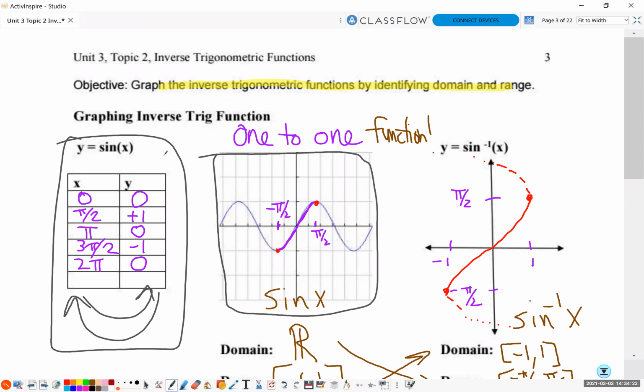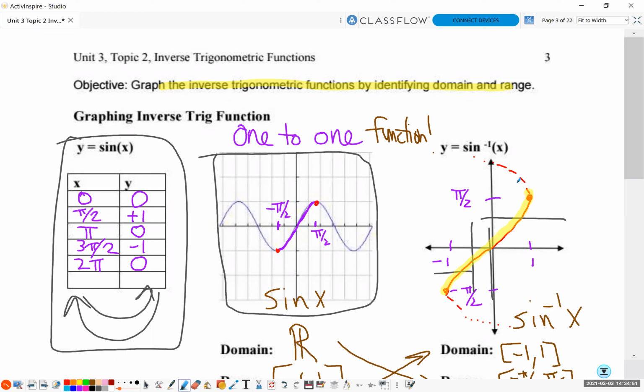In order to make our inverse sine function 1-to-1, meaning it passes both the vertical and the horizontal line tests, I must restrict the domain. I restrict the domain between negative pi over 2 and pi over 2.